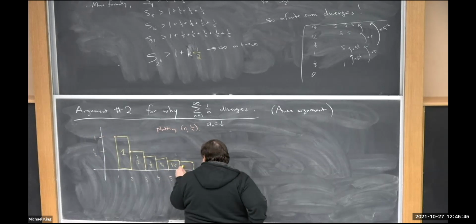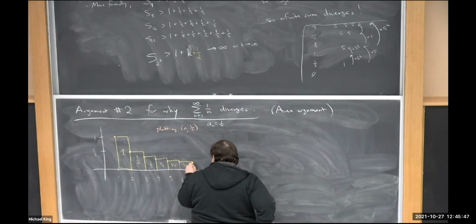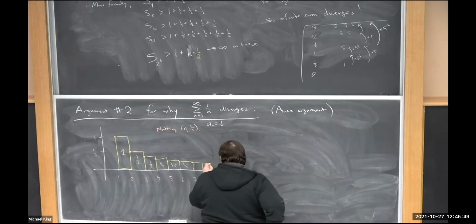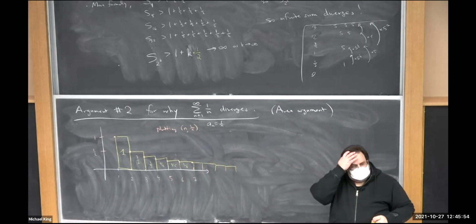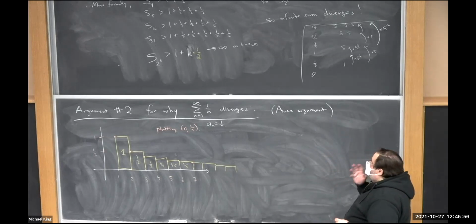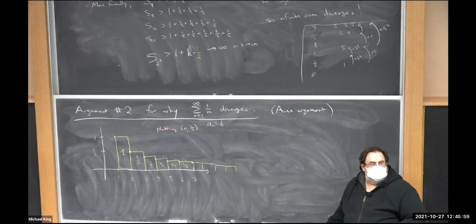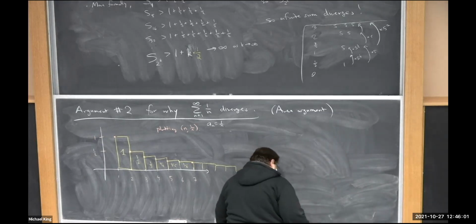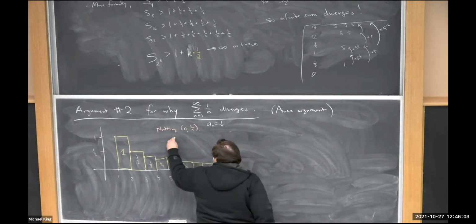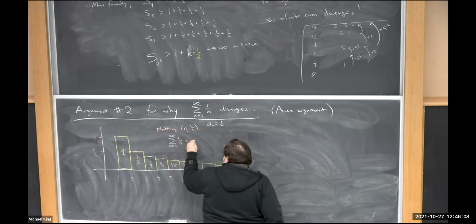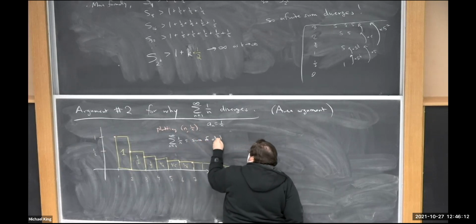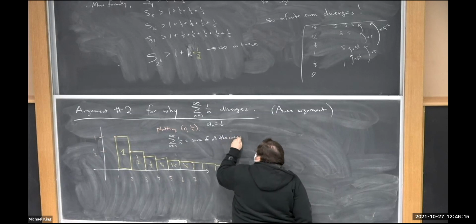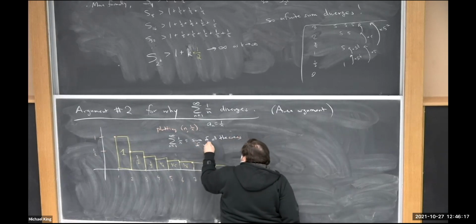This is area 1/6, et cetera. We can keep doing this. Does that make sense? So I can represent the harmonic series as the sum of all these areas. The sum from 1 to infinity of 1 over n is the sum of all the areas of these rectangles, the areas of the yellow rectangles.